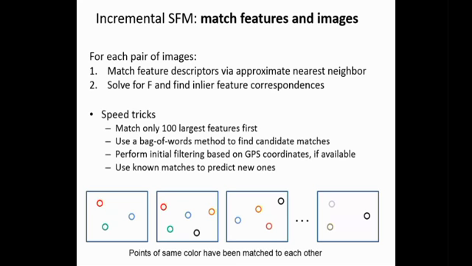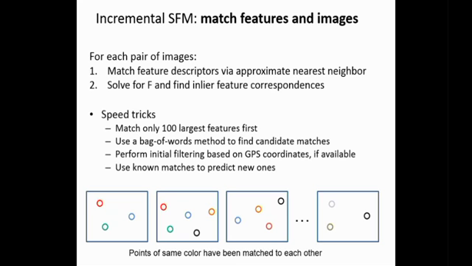And then another common thing is if you have GPS coordinates, like if you took your pictures by drone or by a camera that has GPS, like a phone, then you can enforce a constraint that you're only going to match to the nearest K images based on the GPS coordinates. That makes your problem a lot less computationally heavy.